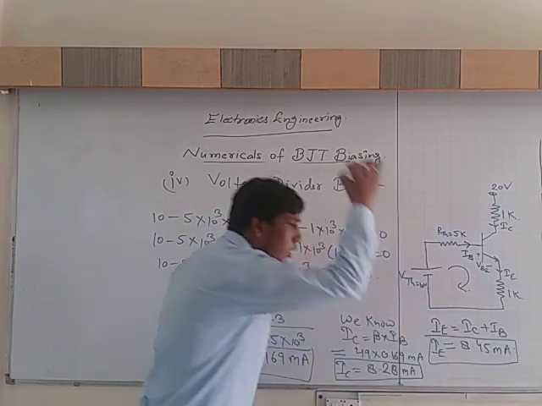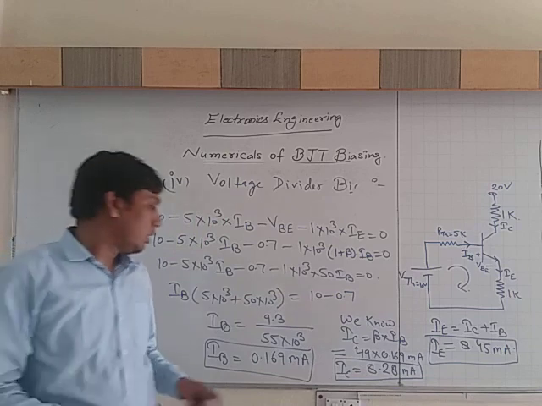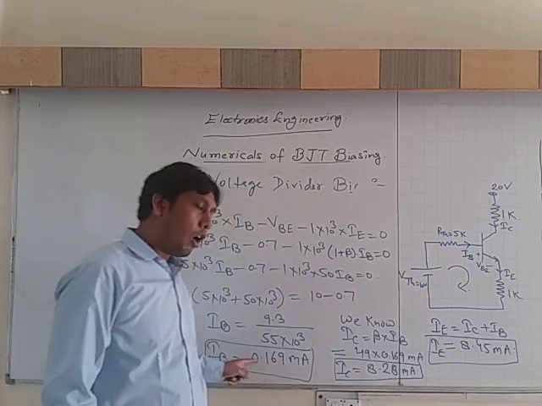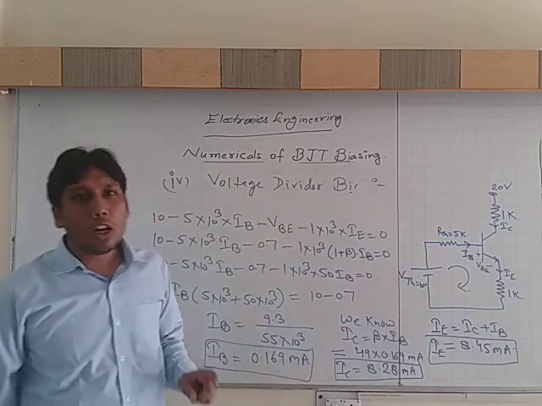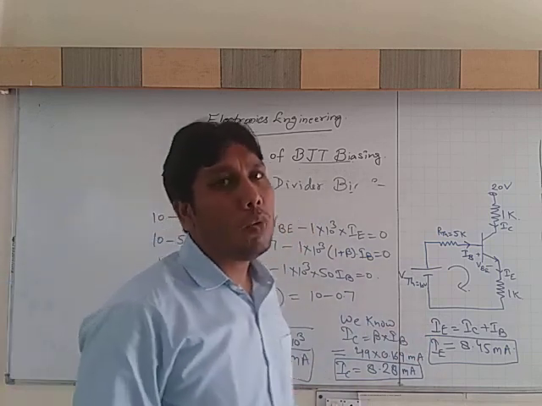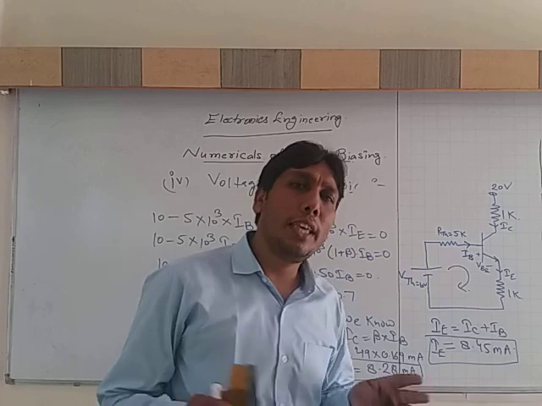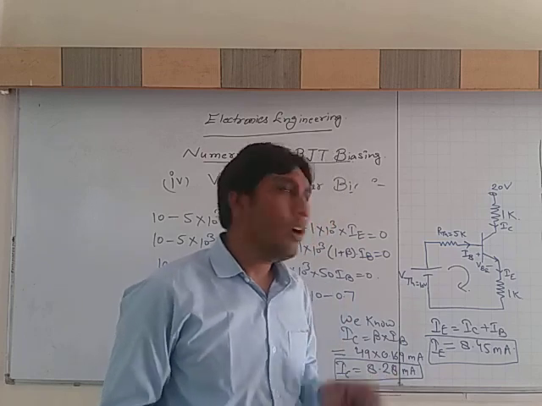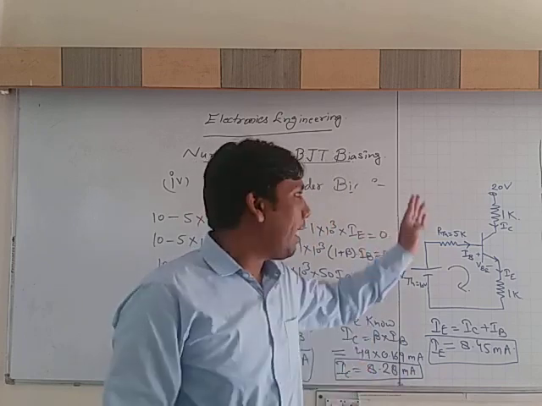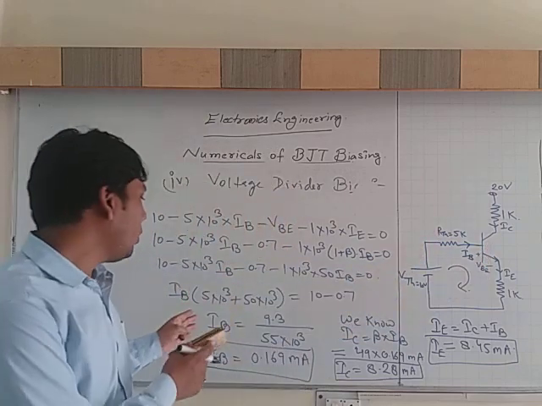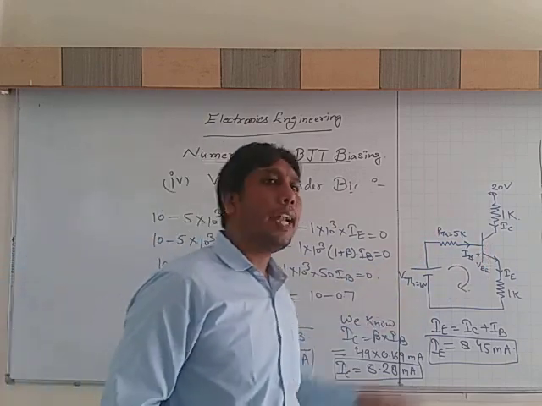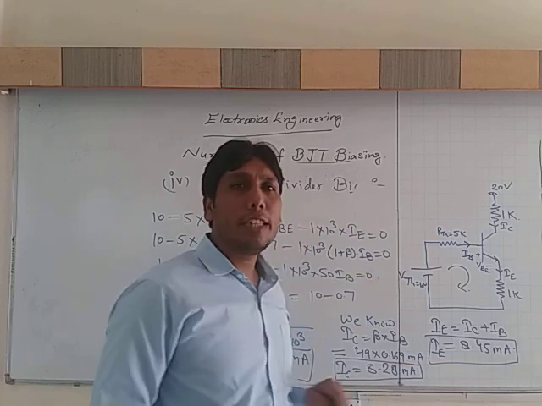We have got the three values of current: IB, IC and IE. Now the aim is to determine the voltage drop VCE. For VCE we will apply KVL at the output part and substitute the values of IB, IC and IE respectively in that equation.